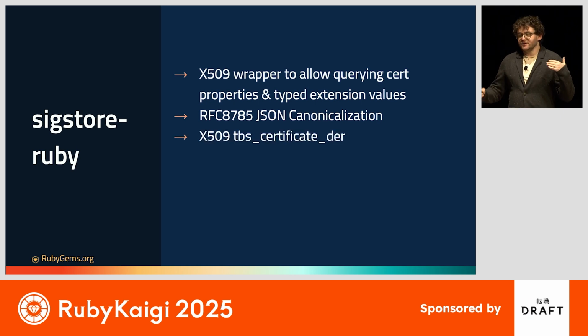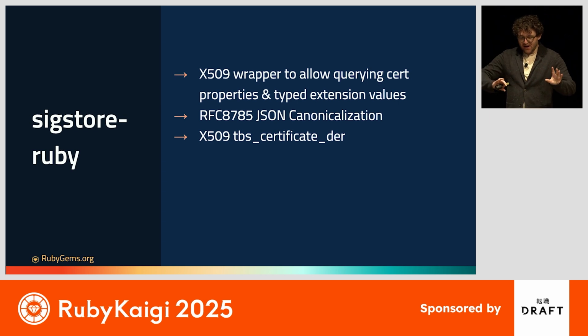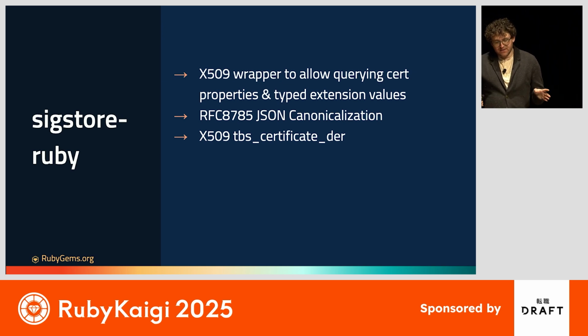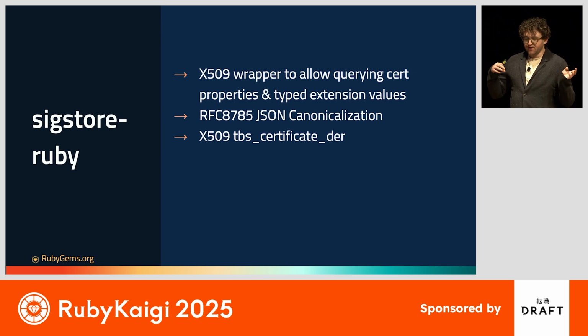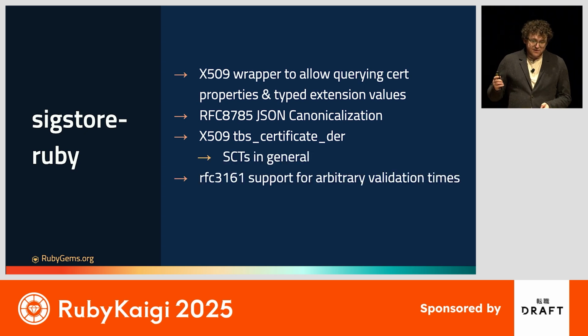Implemented by manually shifting around the ASN1 bytes of X509 certificates, grabbing out the to-be-signed pre-certificate during coding. Everything with signed certificate timestamps also had to be implemented outside of OpenSSL.